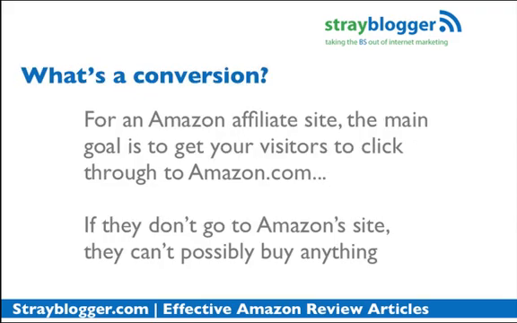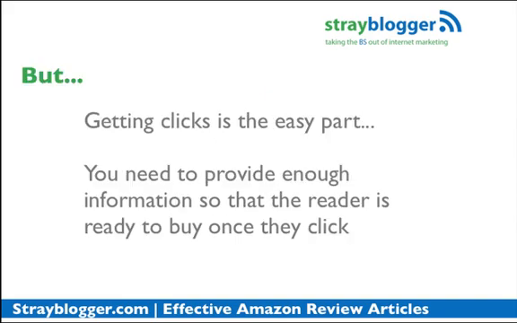So, first of all, a conversion for an Amazon affiliate site is basically your main goal should be to get your visitors to click through to Amazon.com. If they don't go to Amazon's site, then they can't possibly buy anything. Now, on the other hand, getting those clicks is actually pretty easy.